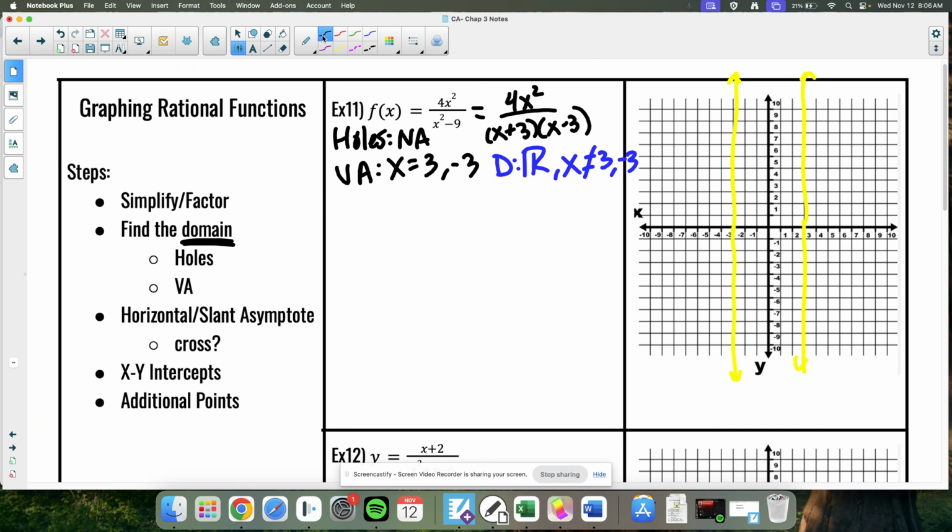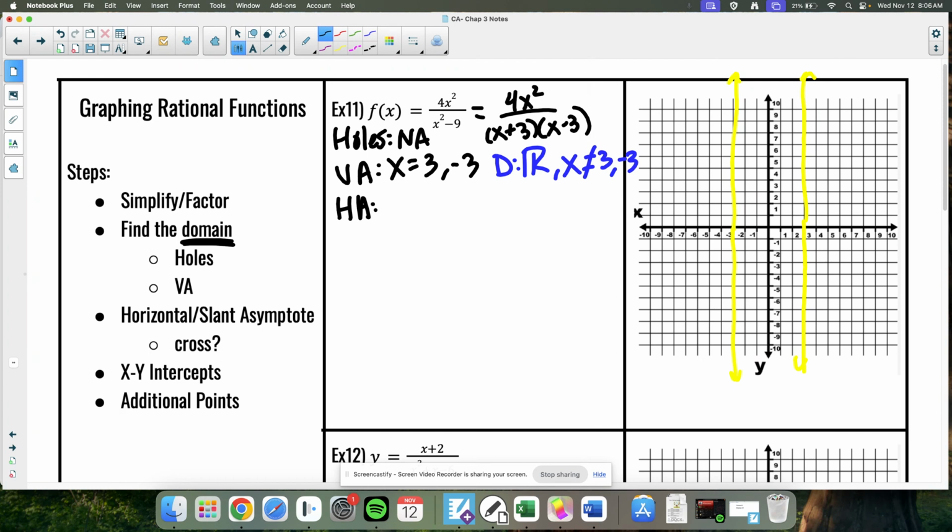Horizontal asymptotes, we can cross horizontal asymptotes. For the horizontal asymptote, this is where you look at the degree. So what is the degree of the numerator? 2. What's the degree of the denominator? 2. So they have the same degree. If our degrees are the same, how do we find our horizontal asymptote?